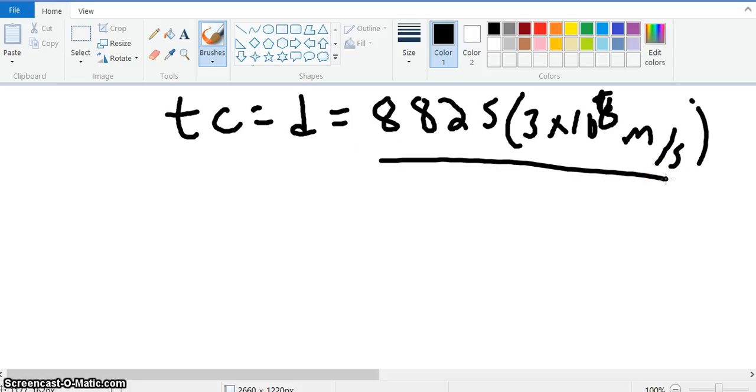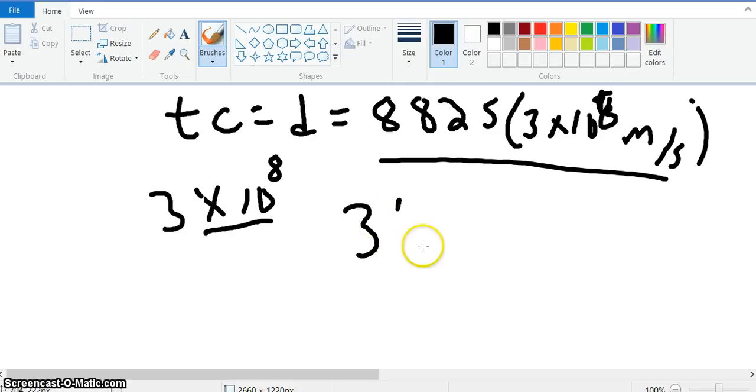Let me say something very quickly about 3 times 10 to the 8th. When you enter that into your calculator, make sure that you never hit times and you never hit 10. The way that you enter that, if you have a Texas Instrument, for example, is 3 and there's an EE button, and then you hit 8. In my calculator, I have to hit Shift.